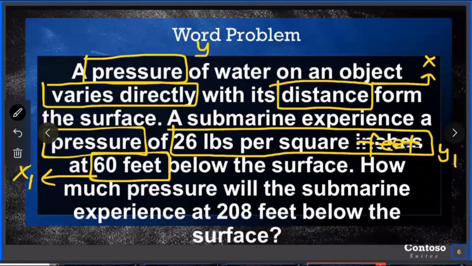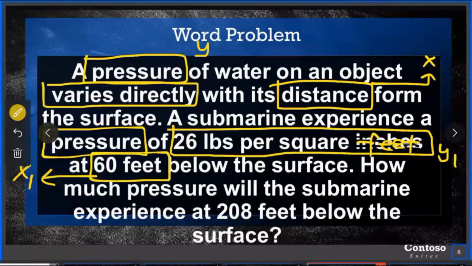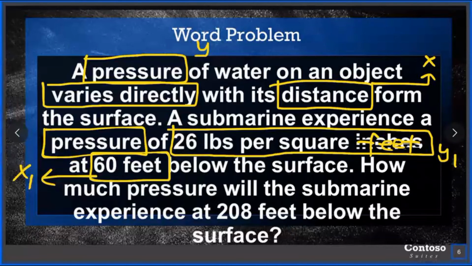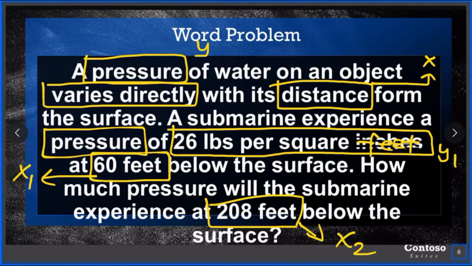After that, let us now identify the third sentence. Sabi dito, how much pressure will the submarine experience given with 208 feet? So, therefore, if we're talking about 208 feet, we're talking about a distance. Therefore, let us just write it as X sub 2. So let us write it down.